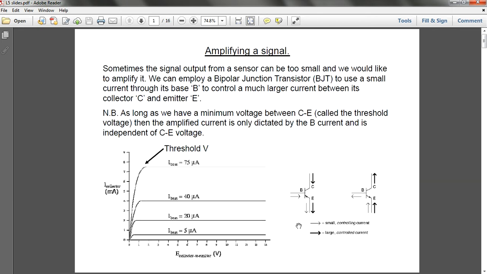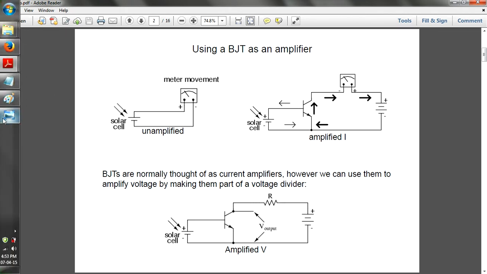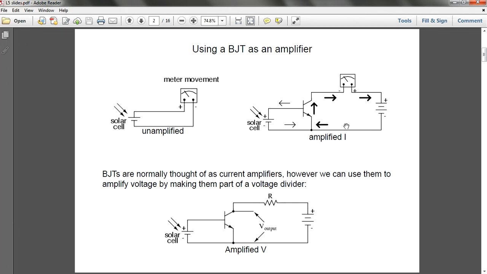So let me repeat everything, just to make it clear. The voltage goes in this direction. If you have an input base of 0.6 volts, you can open up the gate, allowing the voltage to flow through in this manner, and maybe it flows over here also.